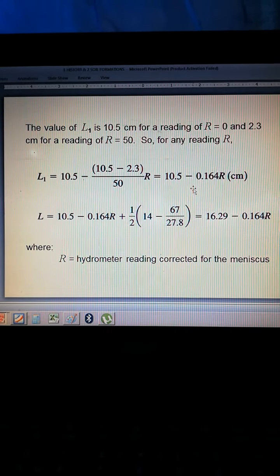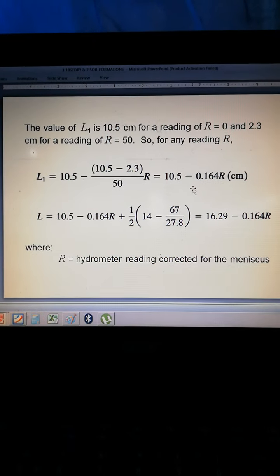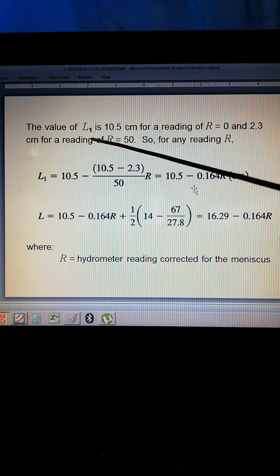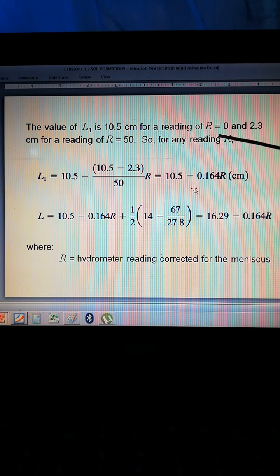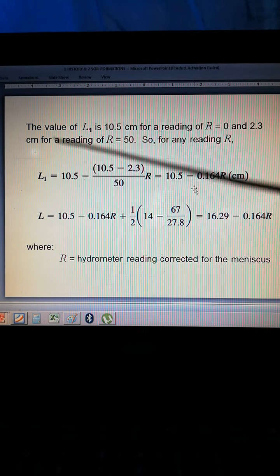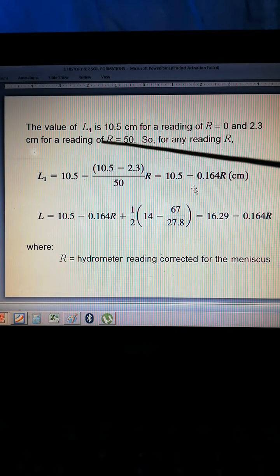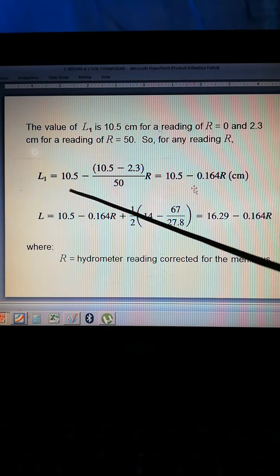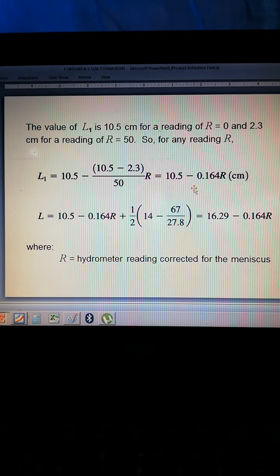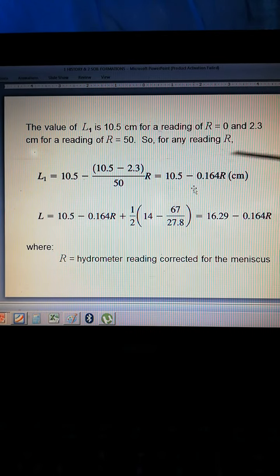You are given an example here: L1 is 10.75 cm for a reading of R equals 0, and 2.3 centimeters for a reading of R equal to 50. So for any reading, we can make use of this.